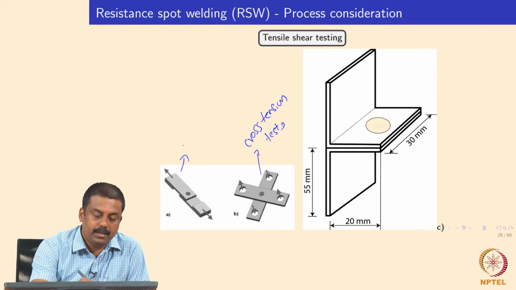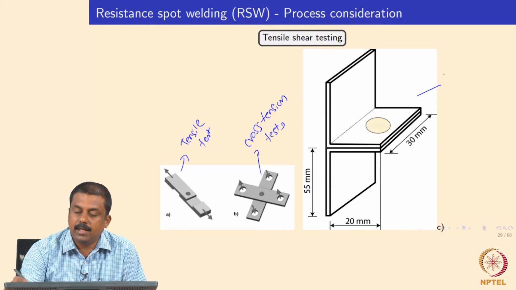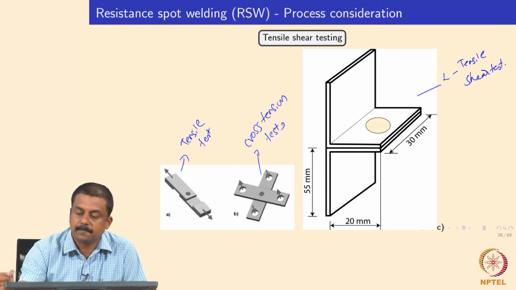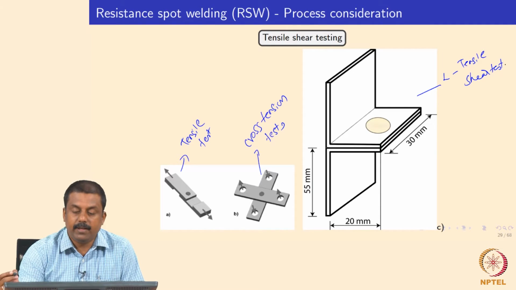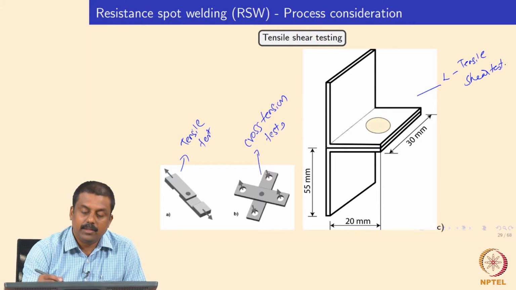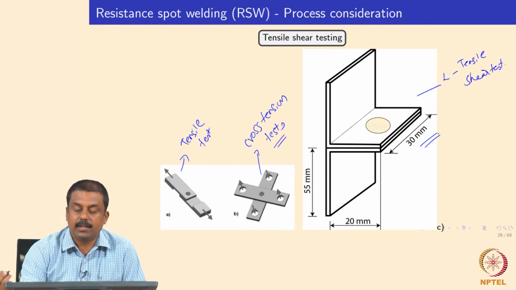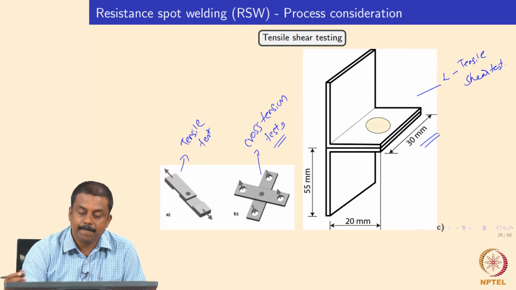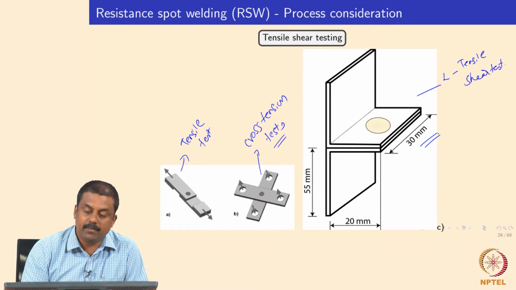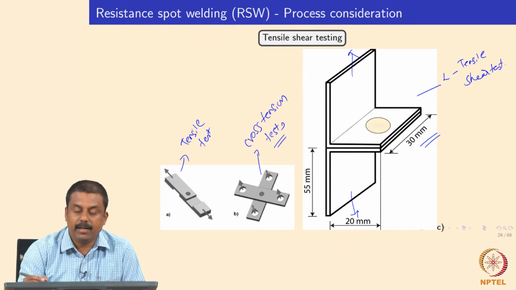This is the simple tensile test, and this is the L, or lap shear test, or L tensile shear test. The automotive industries generally use either the cross tension test or the tensile shear test, with L shaped geometries of the plates welded, and then you apply a tensile stress and identify the strength.